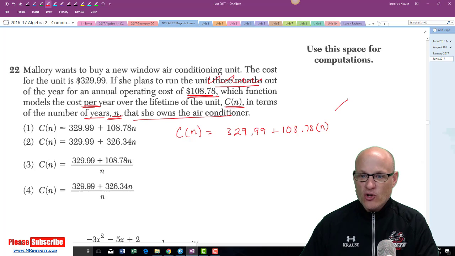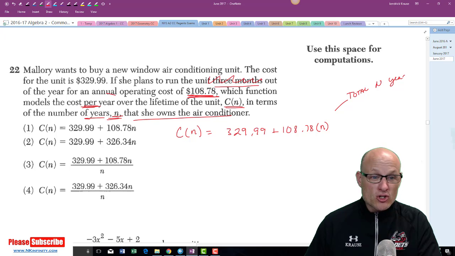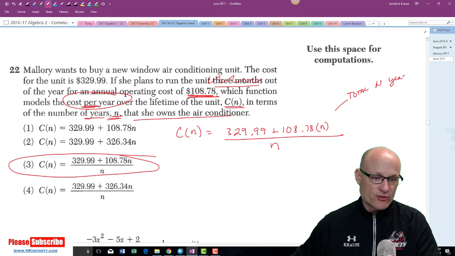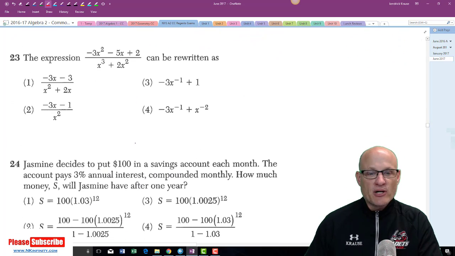This is the total cost for N years. So if I want it per year, I have to divide by the number of years, divide by N. And so this is the answer. Gosh, that was a tricky question. Boy, that was brutal.